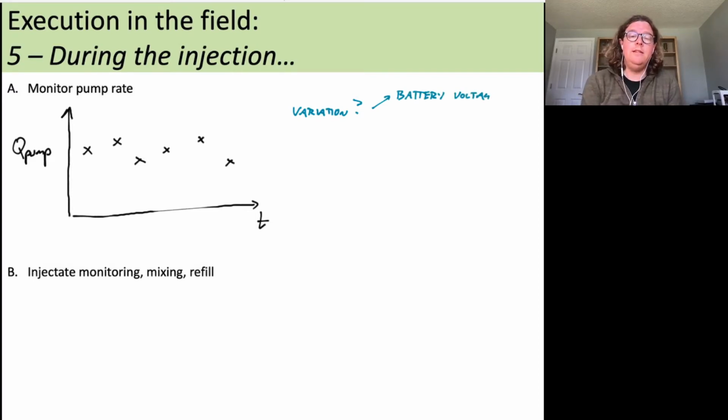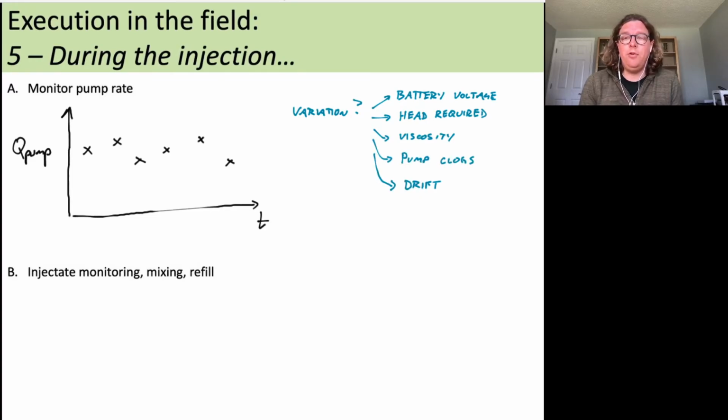Reasons that I have seen variation in pump flow rates are as follows. Some pumps compensate for voltage from the battery changing, others do not. So with some pumps, as the battery voltage slowly decays through the day, the pump performance will decay along with it. Other times we see the head that a pump has to operate under changing.